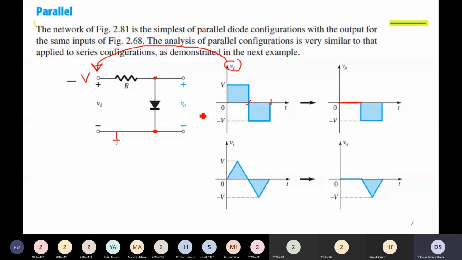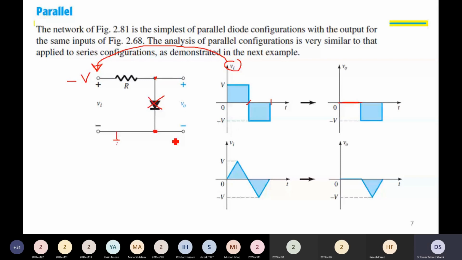Will any current pass through this circuit when we give a negative voltage? No current will pass. The diode will become reverse biased. It will become an open circuit. No current will pass through the resistor.